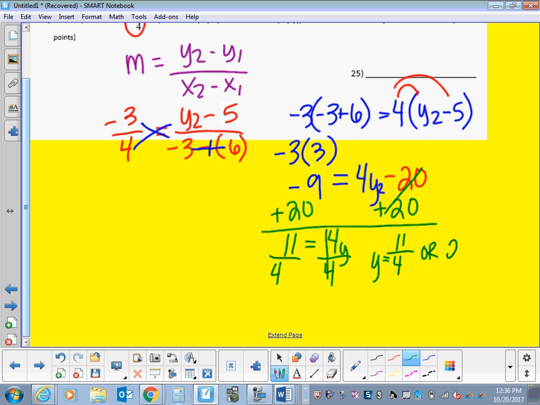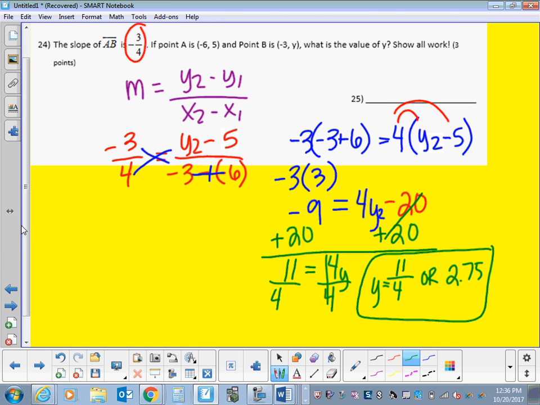I don't know why they gave you a decimal, but all right, so let's see here. What is the value of y? 11 over 4. I'll try to give you a clean number on your test, so it's not a difficult fraction. All we did was just plug in.